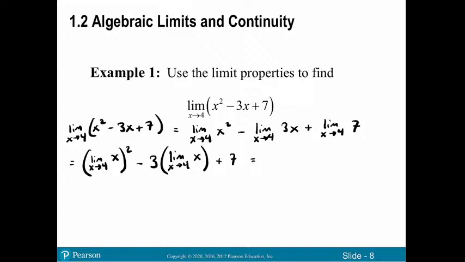So then that's going to be 4 squared minus 3 times 4 plus 7. And then ultimately we get 16 minus 12 plus 7. 16 minus 12 is 4, plus 7 is 11.